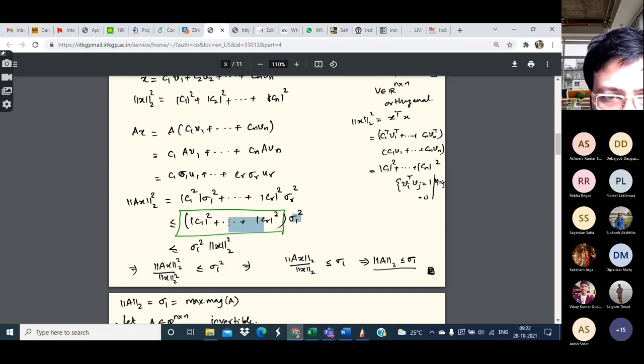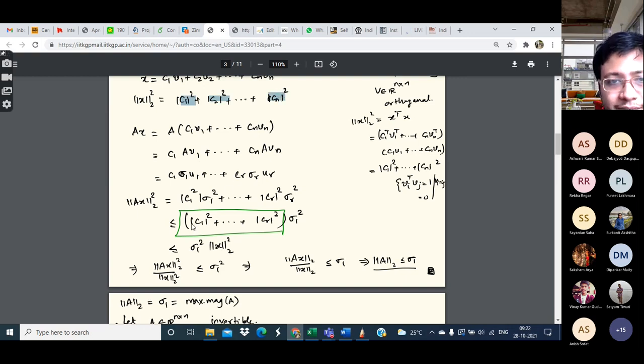Okay, but what is this equal to? This we have already seen: the squared L2 norm of x is equal to this thing.